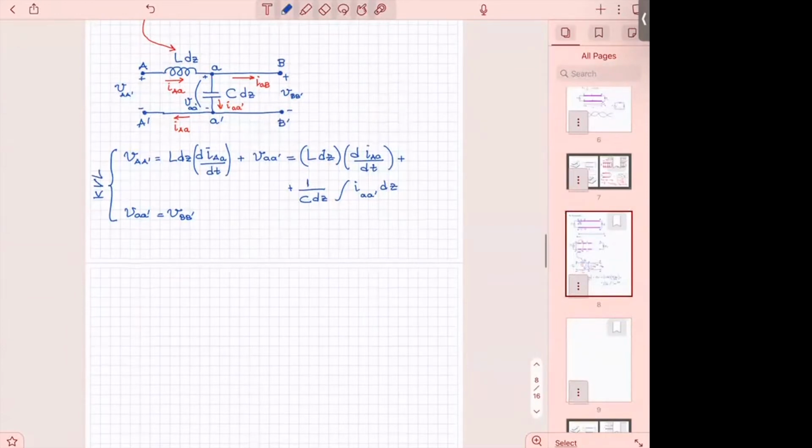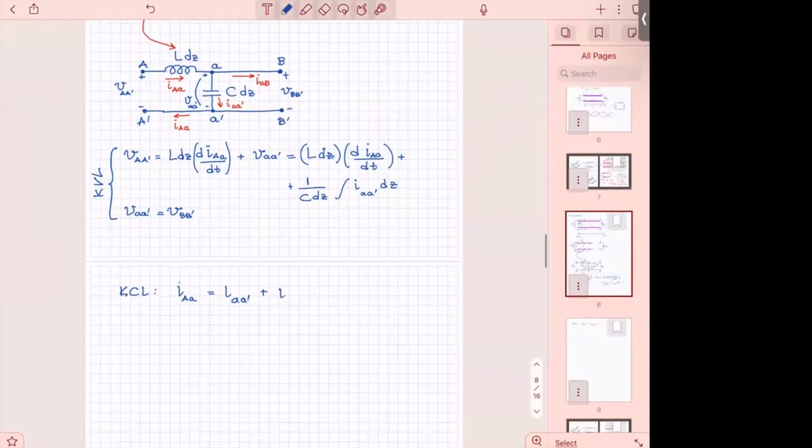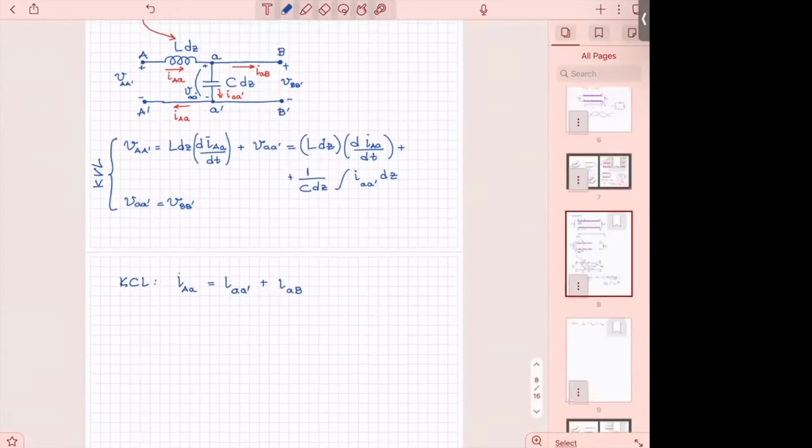And from KCL, we have that I_A equals, the way I have it, I_A prime plus I_AB. All right, and then I will also call this, let me see one more thing that I will do.